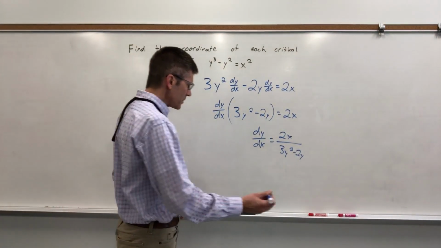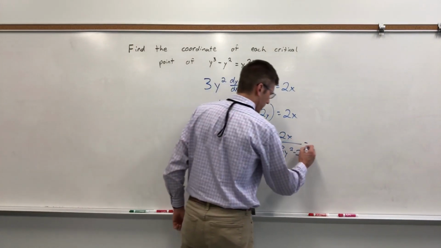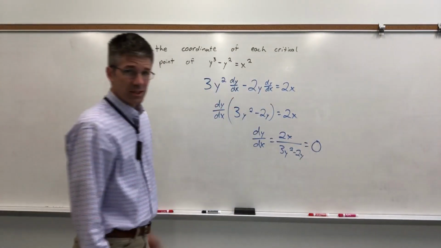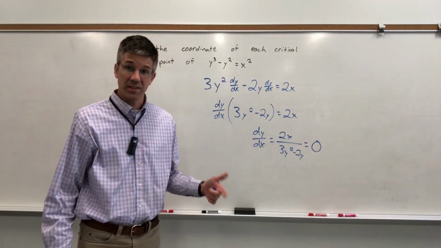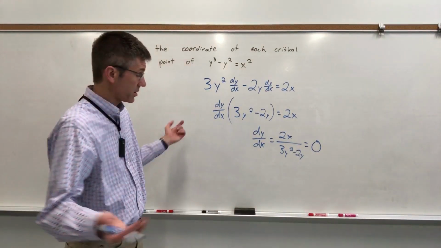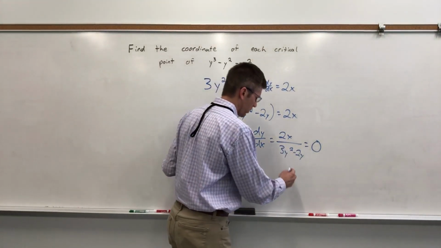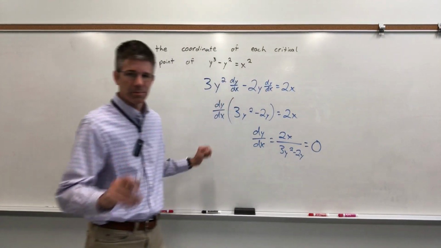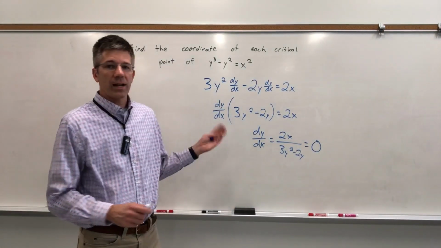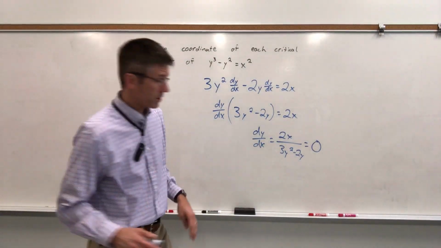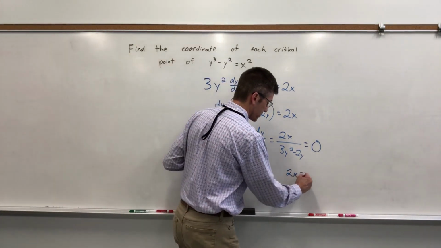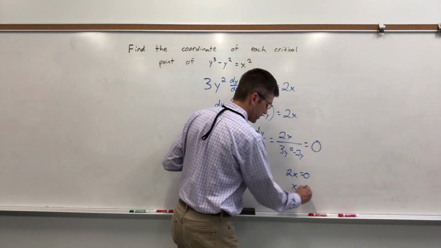So I want this to equal 0. If this is going to equal 0, then x equals 0. If a fraction equals 0, it's the numerator that equals 0. So 2x equals 0, so x equals 0.